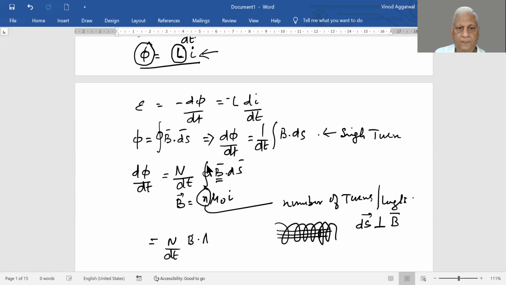Area is equal to pi r square. Substitute the value of B.